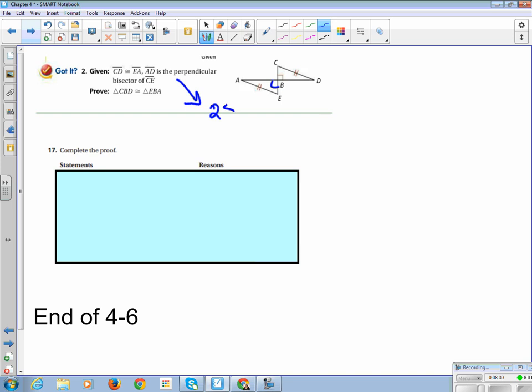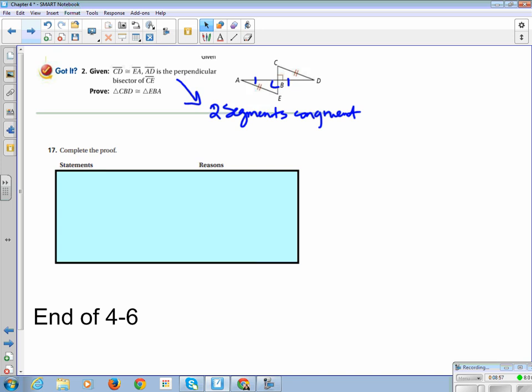So this should lead us to two congruent segments. That's what we're going to be looking to do in our proof, to show that these two segments are congruent because the perpendicular bisector cuts them in half. We have to show it because just because we say it doesn't mean it's actuality. So let's start with our givens.